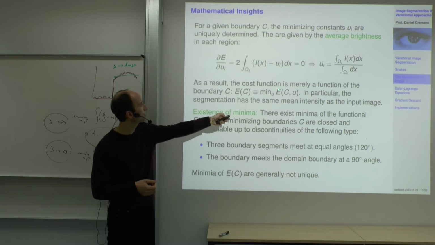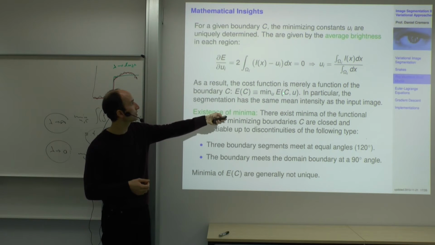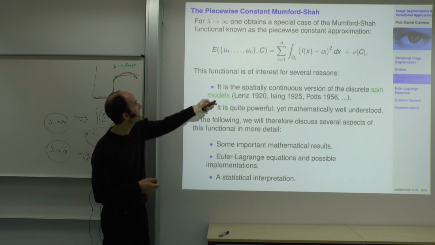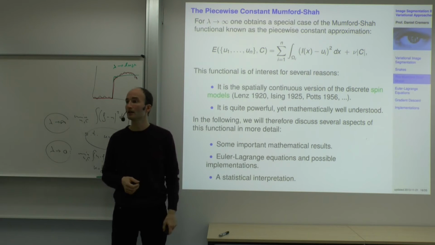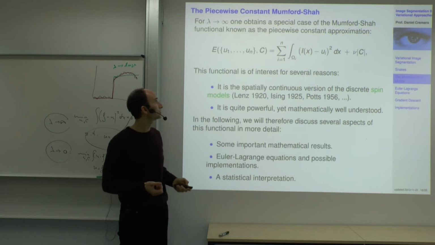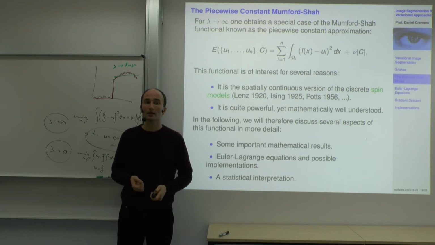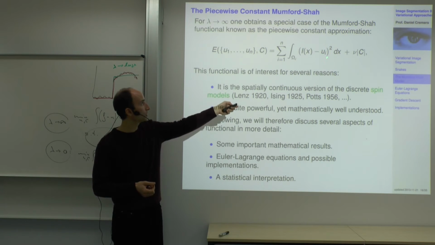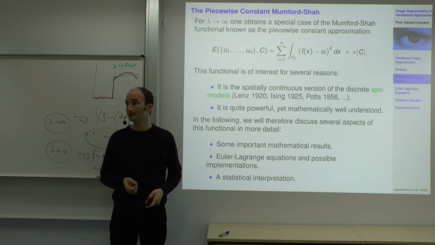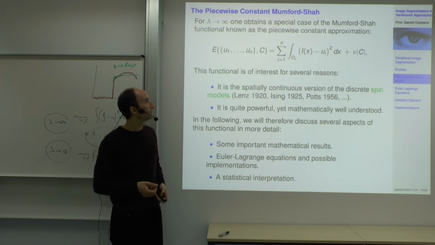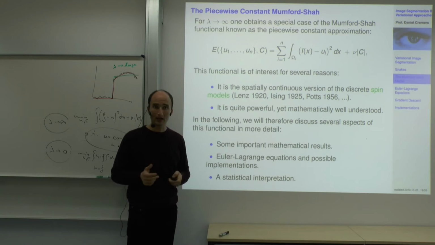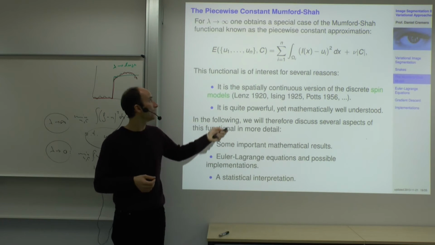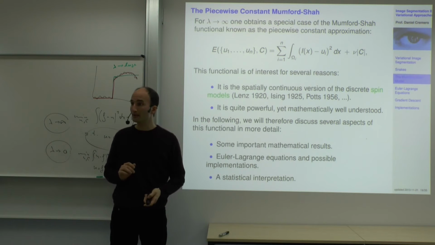So one thing we can do is we can solve this for u in closed form. We can actually take that ui, this expression here, and insert it back into this energy. And what we end up with is a cost function that only depends on the boundary. It no longer depends on ui's because we can solve for ui in closed form and insert that in here. The reason why in practice you do alternation and you don't insert it in here is because the dependency on omega I is already pretty bad.